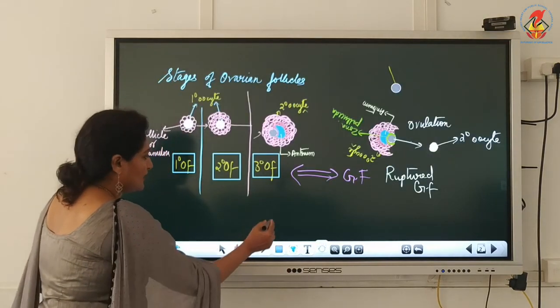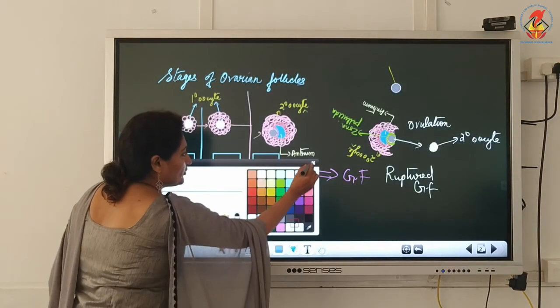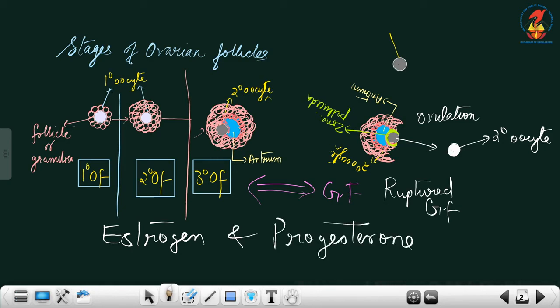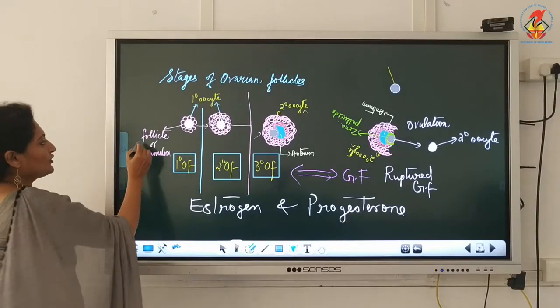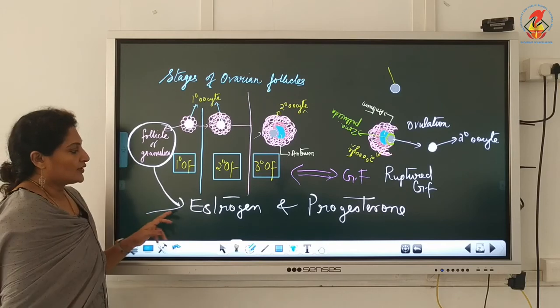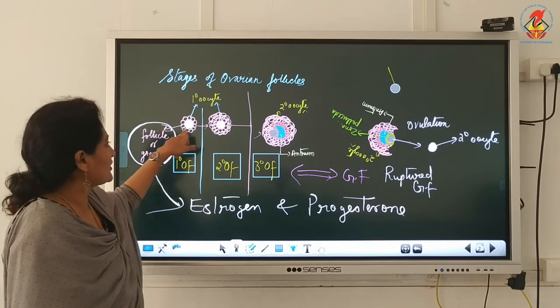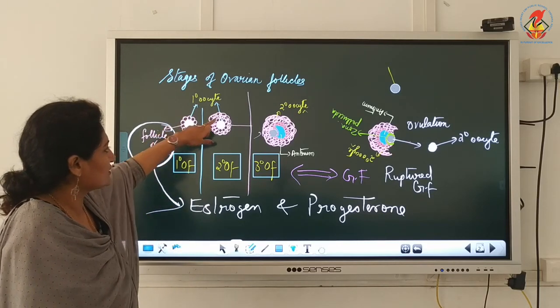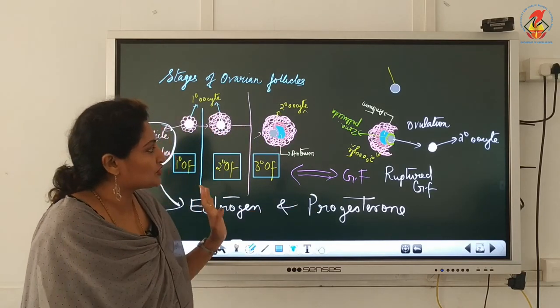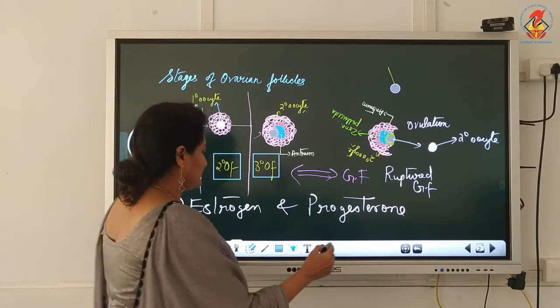Okay, now I have to mention the endocrine part of the ovaries. Now we told there are two hormones, namely estrogen and progesterone. Now the source of estrogen are the follicular cells. See here, estrogen is produced here, here more estrogen is produced, here maximum estrogen is produced. Now the source of progesterone is the corpus luteum.